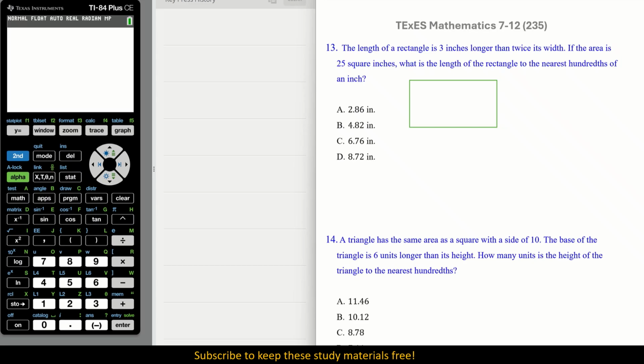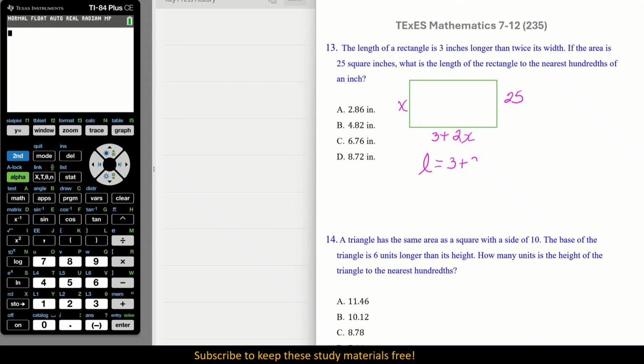Number 13, the length of a rectangle is 3 inches longer than twice the width. We are going to call width x for calculator purposes. If the area is 25 square inches, what is the length of the rectangle?